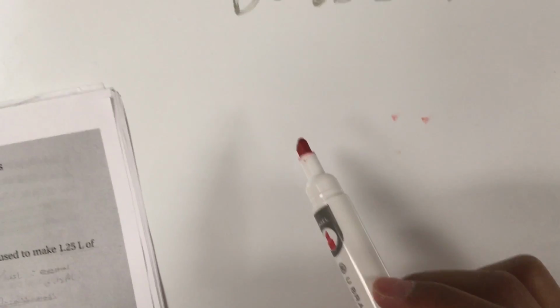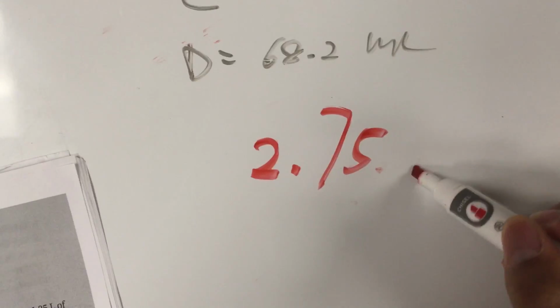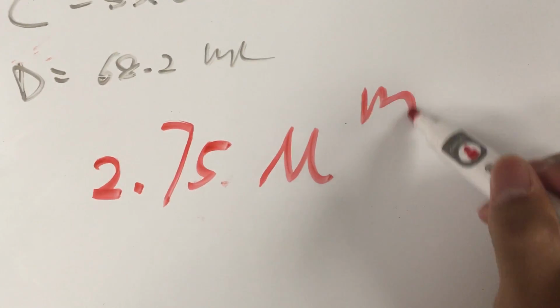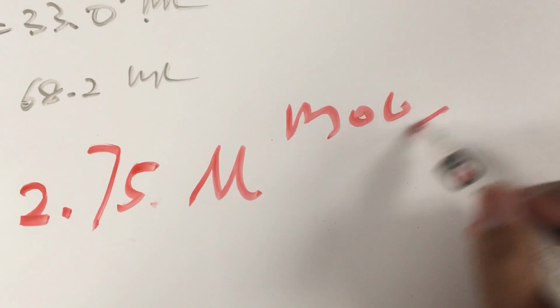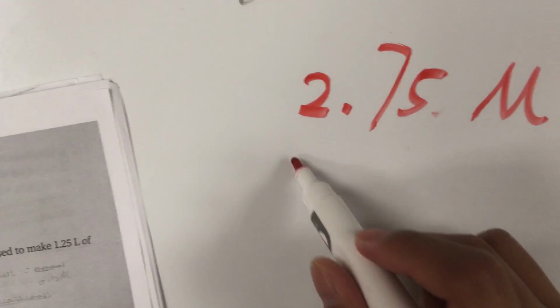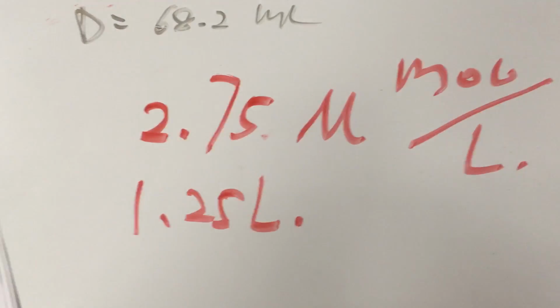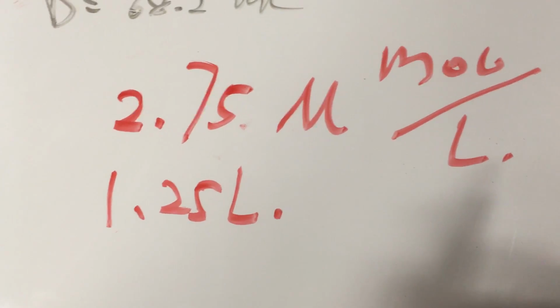First step is the 2.75 molarity. This is a unit. But in here we have 1.25 liters. So we have to know how many moles in 1 liter.